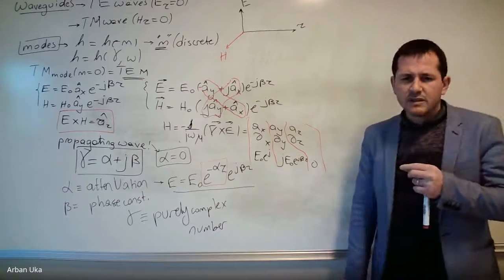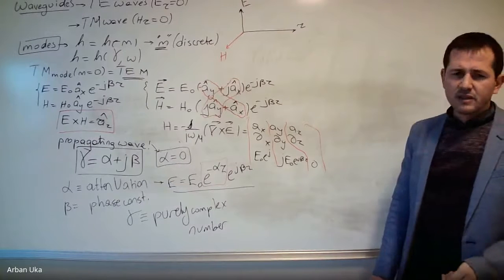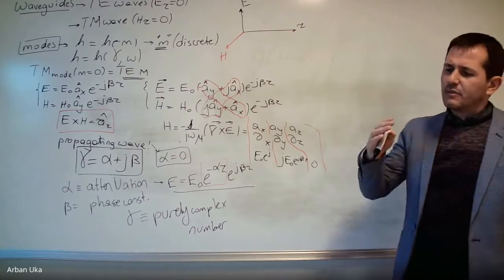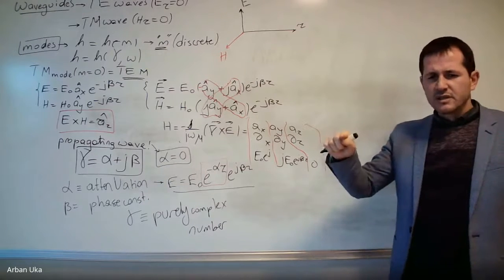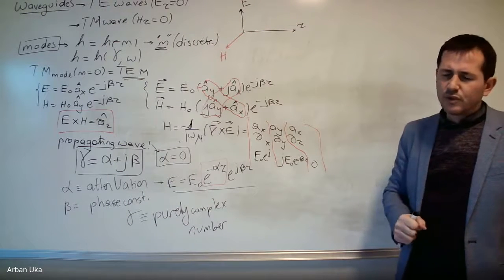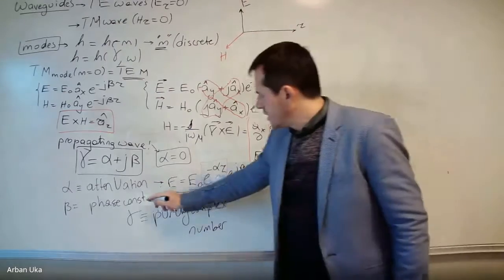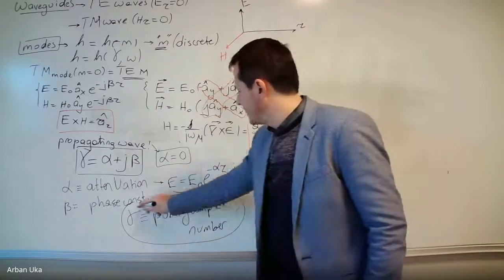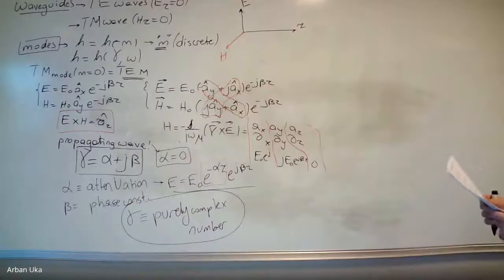Otherwise, it will be attenuated, and then the amplitude will exponentially decrease. So in a few meters, the signal will be lost. Okay, we don't want that. We want that this factor here is a purely complex number.